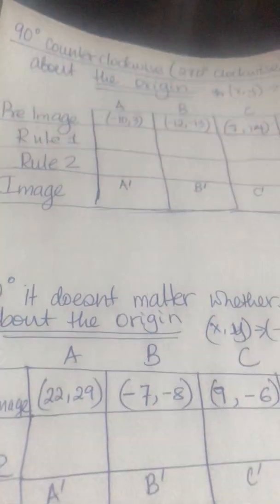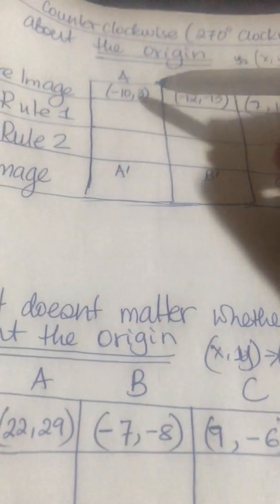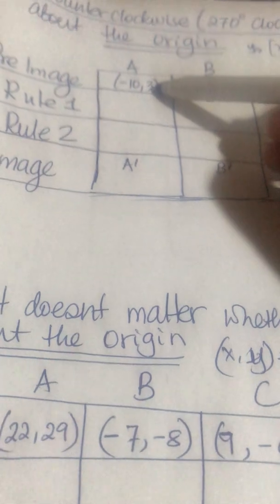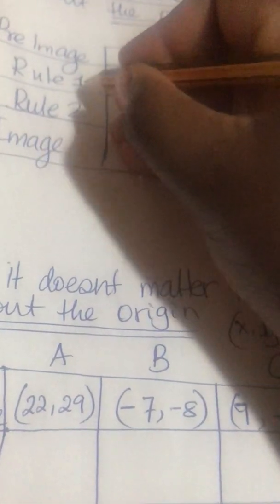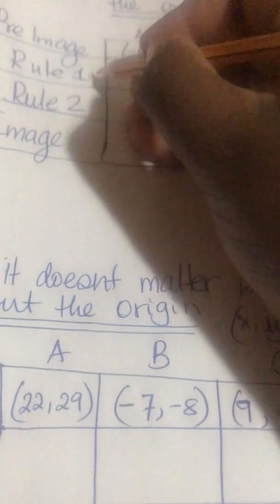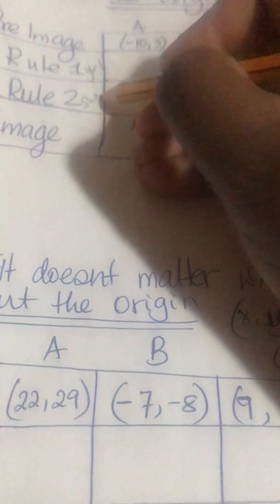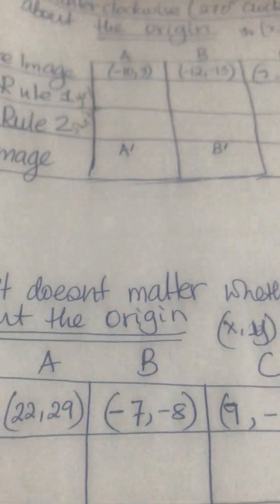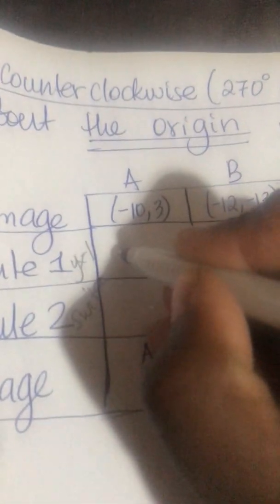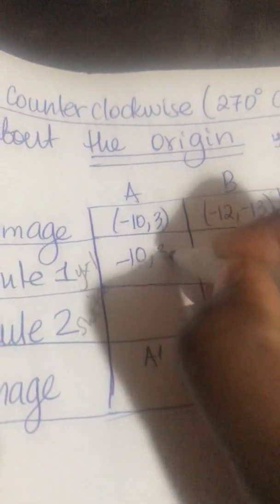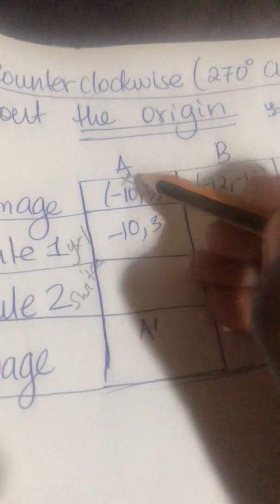Okay, let us do here. For the other direction, multiply y with -1 and then switch. So y times -1, and then here you will switch. Okay? So let us do. We have -10, 3. This is my y. Let's label xy.